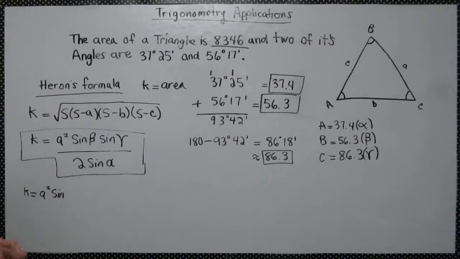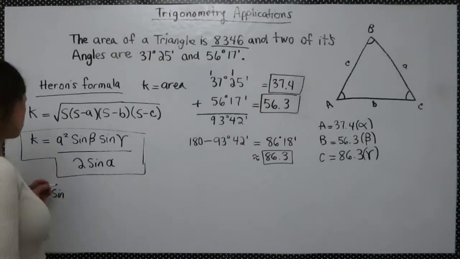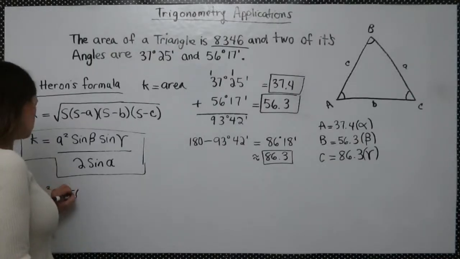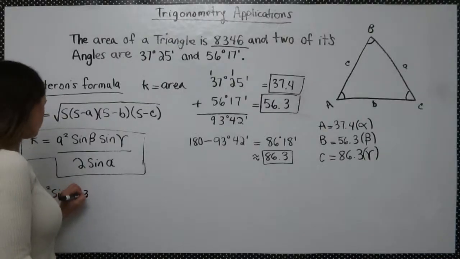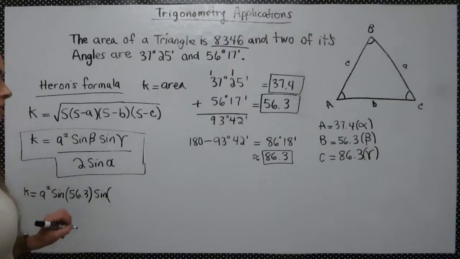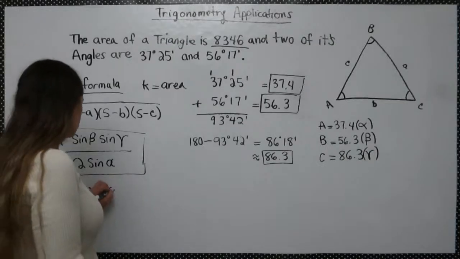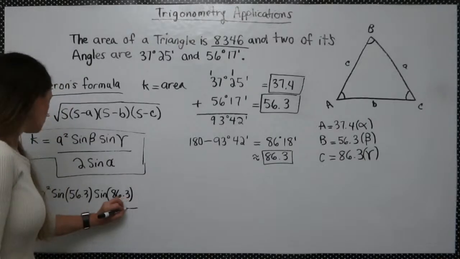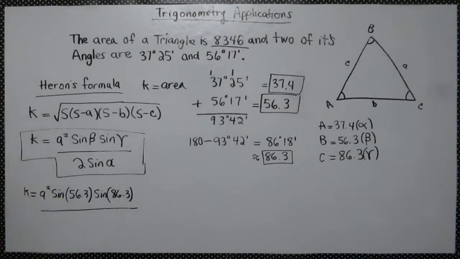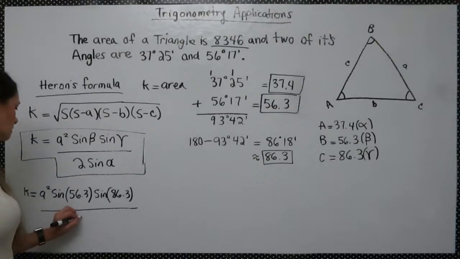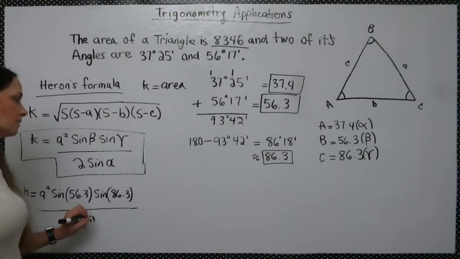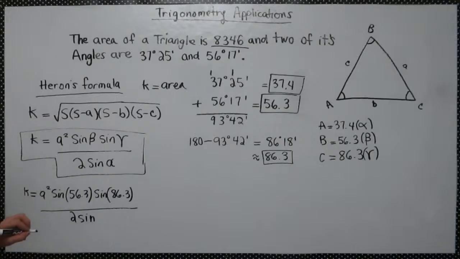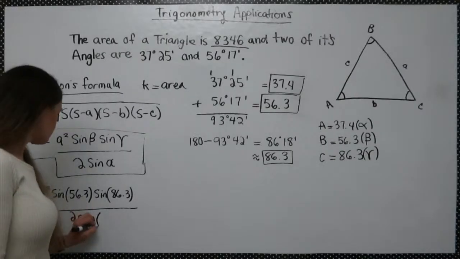So we've got beta's 56.3 times the sine of gamma, which looks like it's 86.3, divided by 2 times the sine of alpha, which is 37.4.